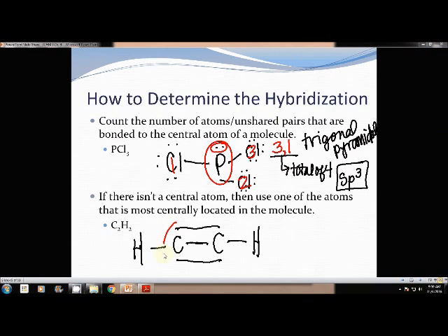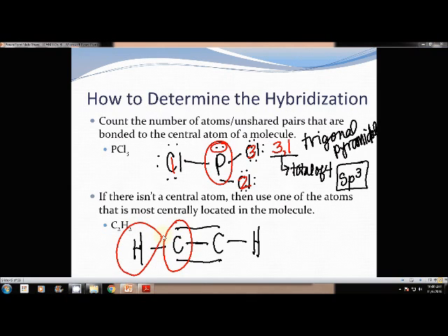So looking at our carbon, we just pick one of the centrally located in the molecule, so that's one of the carbons, and the carbons are identical because it's symmetrical if we cut it in half, so I'm just picking the left one. So when we pick the left one, we look at the groups that are coming off of it. How many things are connected to it, whether they're unshared pairs or groups of other connected atoms.